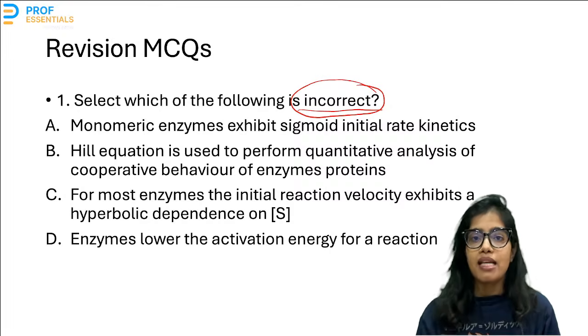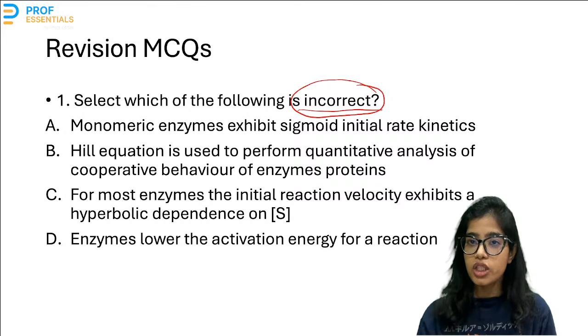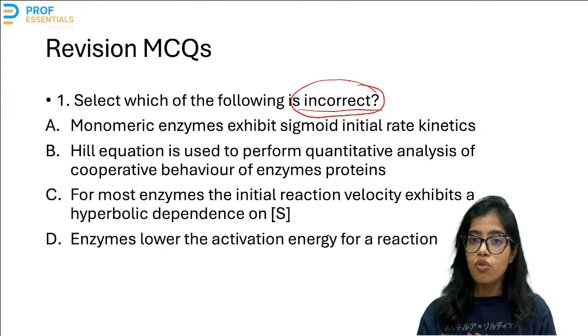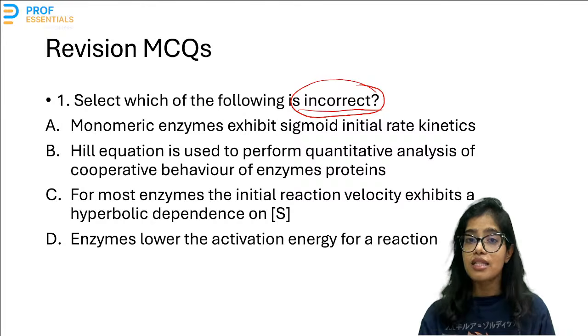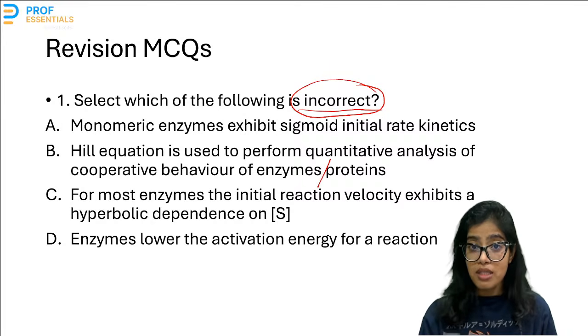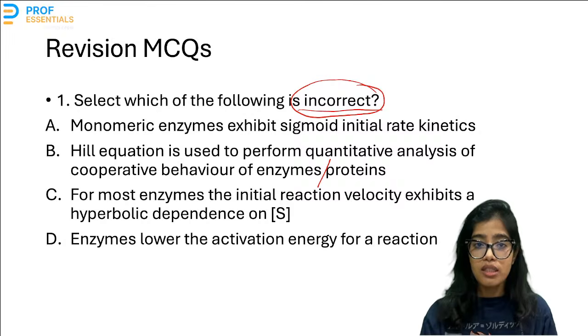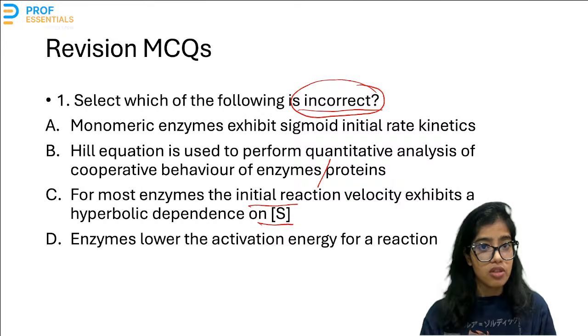Monomeric enzymes exhibit sigmoid initial rate kinetics. Hill equation is used to perform quantitative analysis of cooperative behavior of enzymes or proteins. For most enzymes, the initial reaction velocity exhibits a hyperbolic dependence on the concentration of the substrate. The initial reaction velocity for most enzymes.